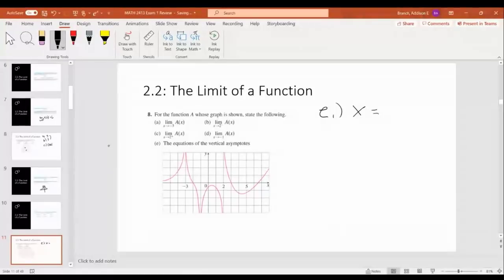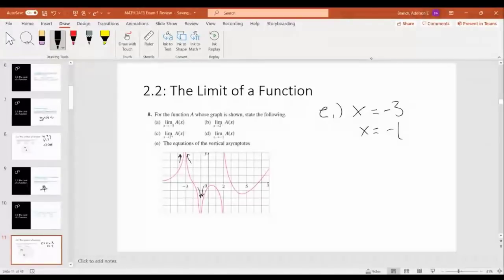We can see right here around x = -3 that both pieces are getting really, really large. So we can say that's our first one. We keep going down our graph. We can see our graph getting really negative down here at x = -1, so we can consider that another one.